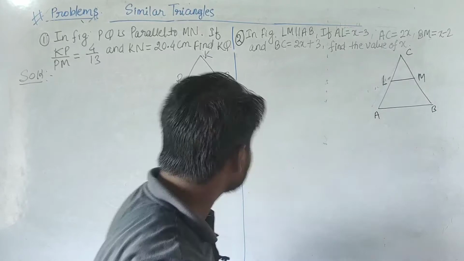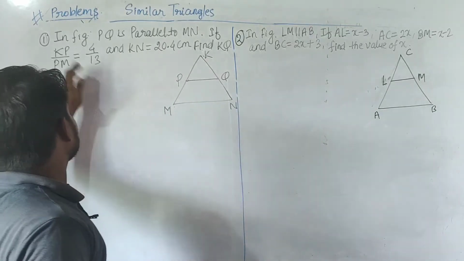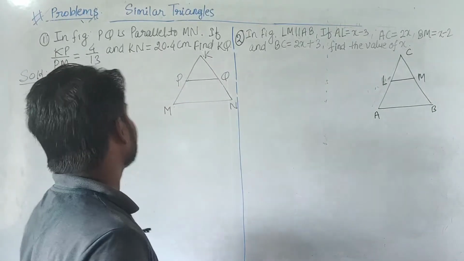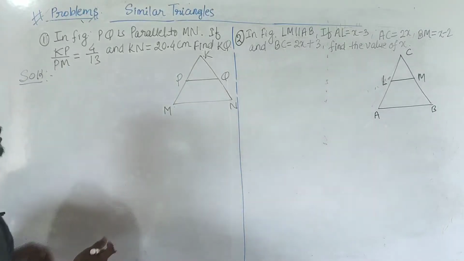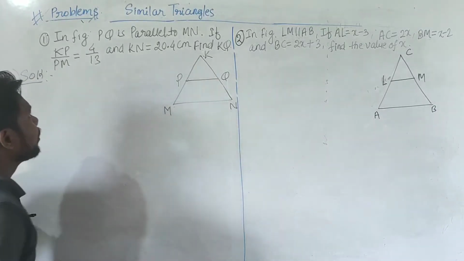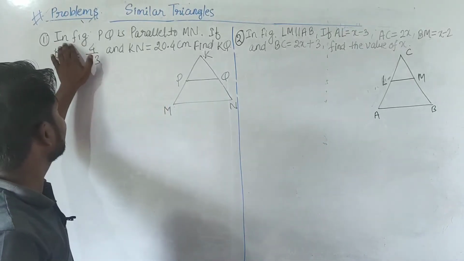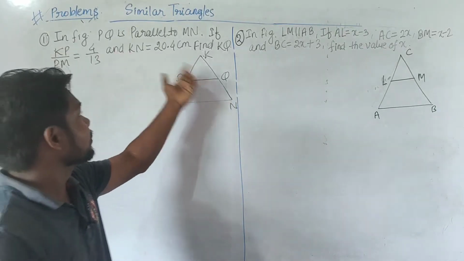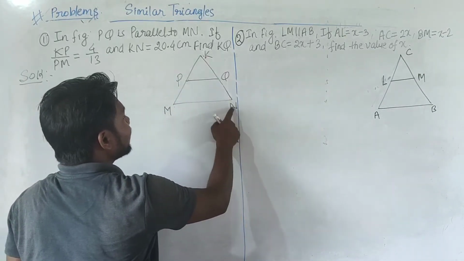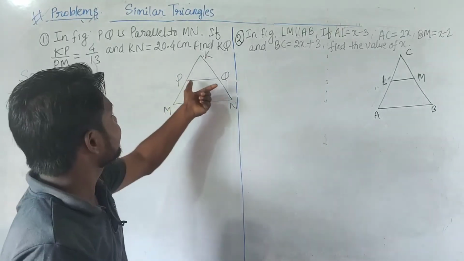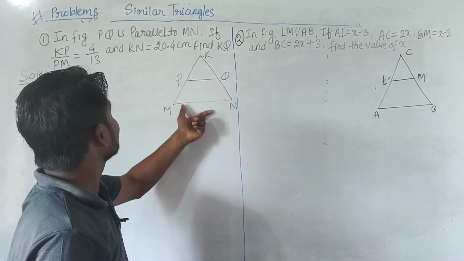Okay. Now, we have two questions, question 1 and question 2. I will solve both the questions. In this question we have a figure of a triangle KMN, where PQ is parallel to MN.